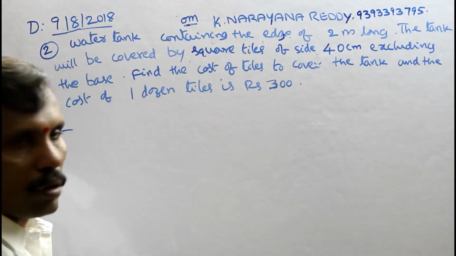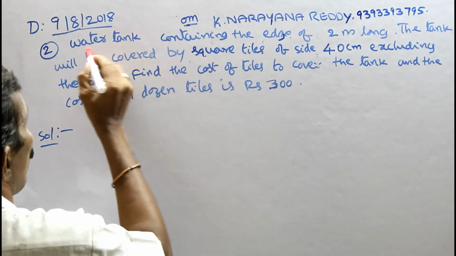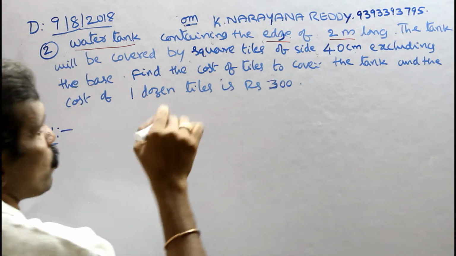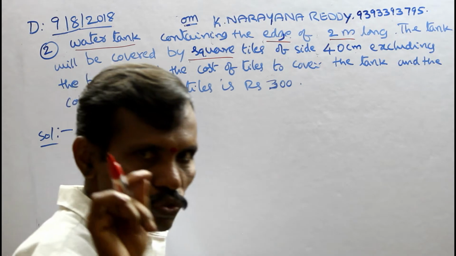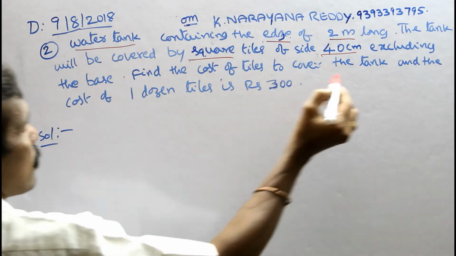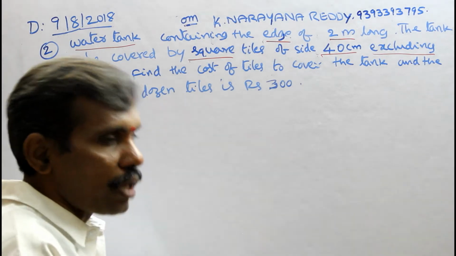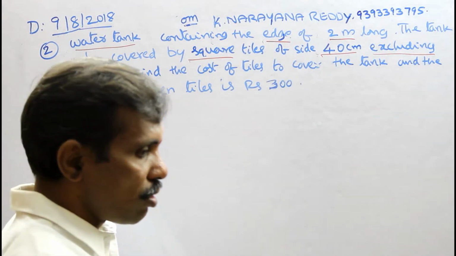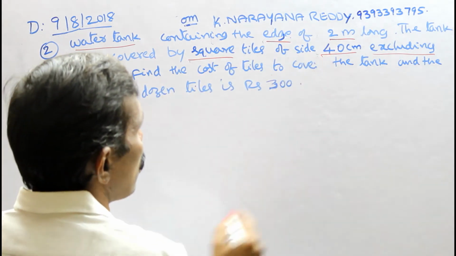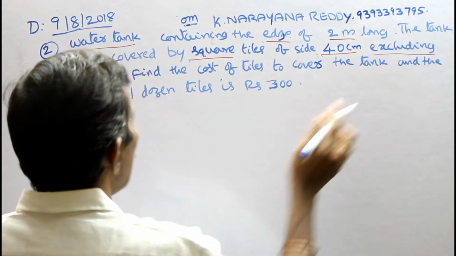See the problem. A water tank with edge of 2 meter long will be covered by square tiles of 40 centimeter side, excluding the base. So the base, means the bottom side, is not covered by the tiles. Find the cost of tiles to cover the tank.